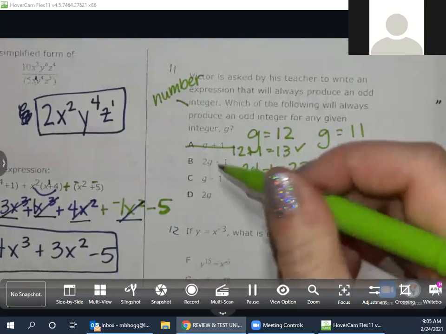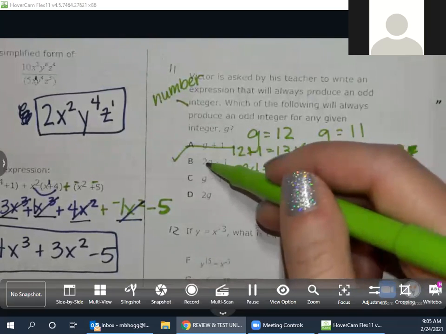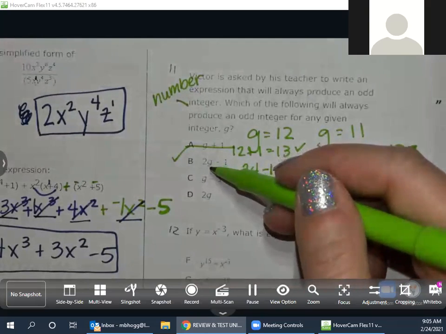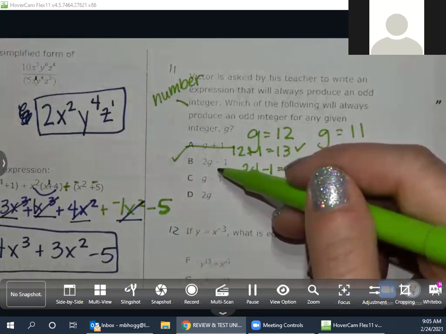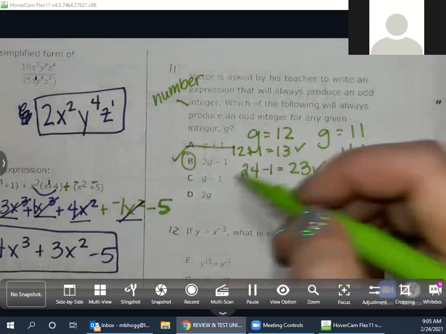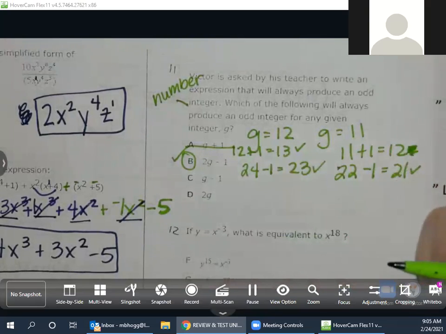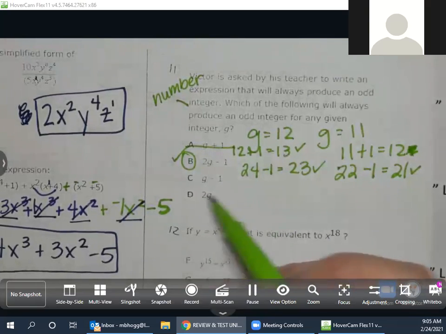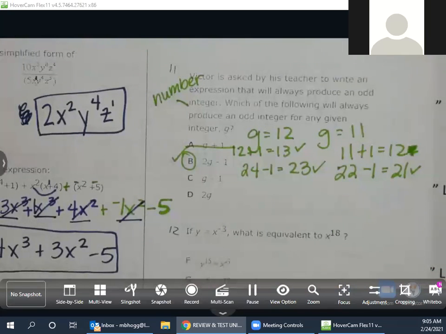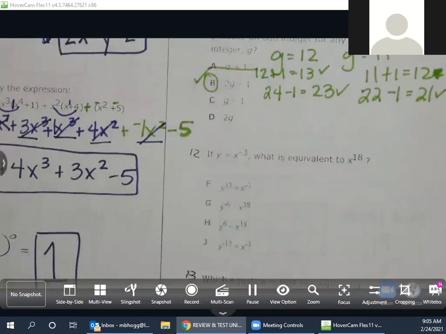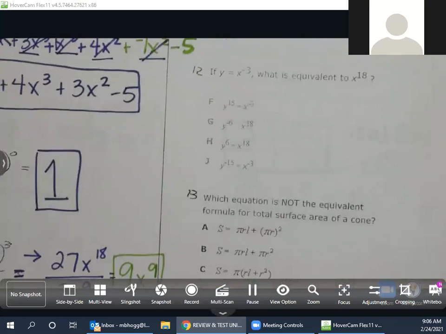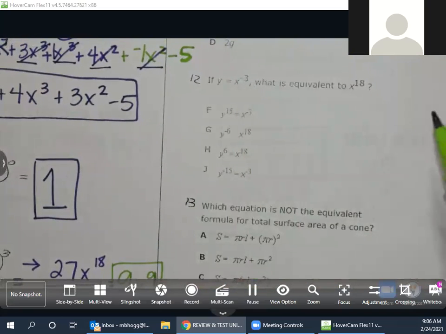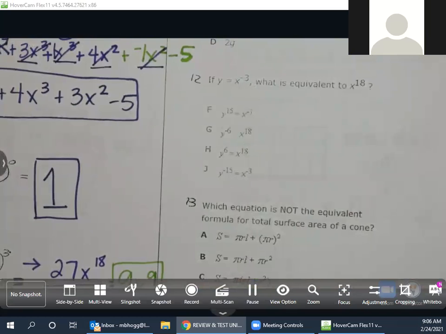So that's always going to work because you're doubling something, which gives you an even number, and then subtracting one, which would give you an odd. So that's why B is the only answer. D would always give you an even number, and then C, it could be even or odd.